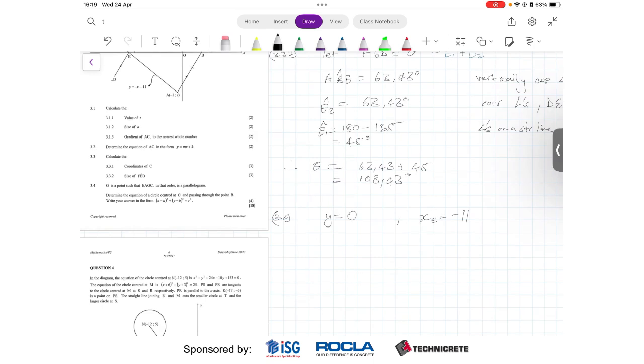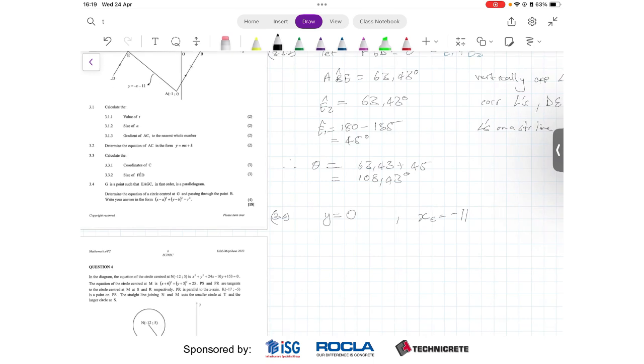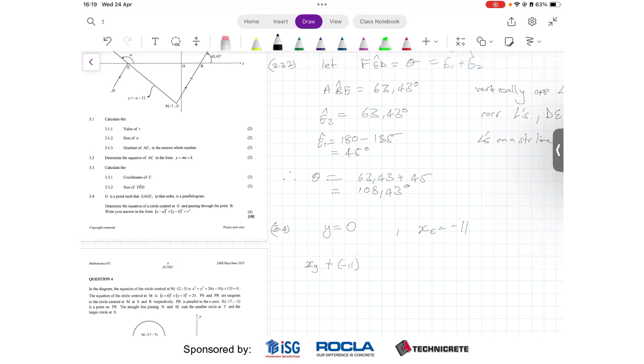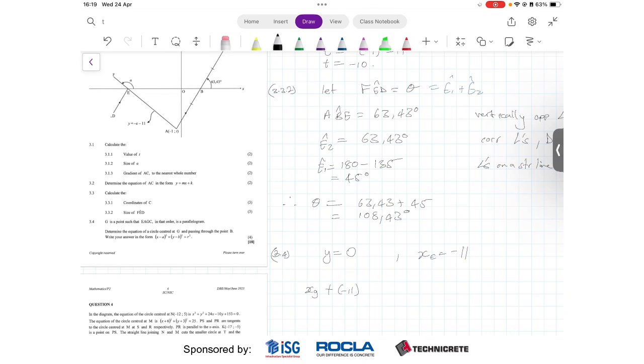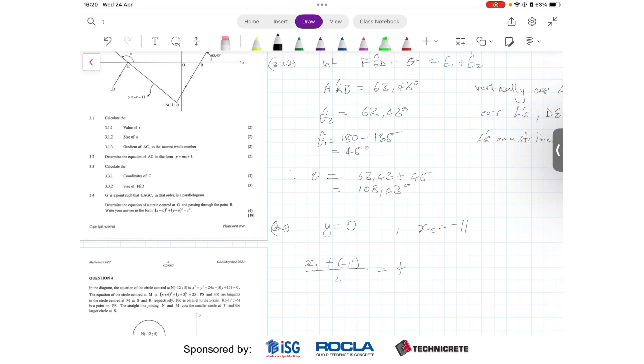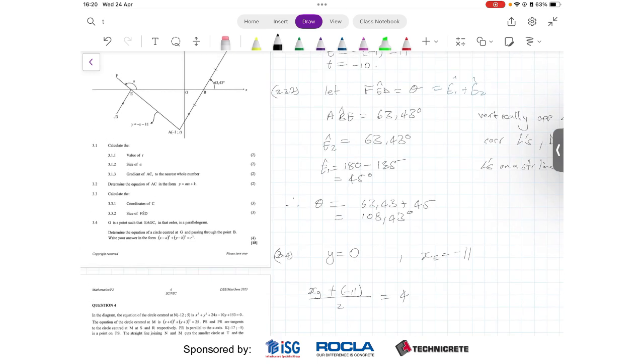Now because of that, we may then write that x at G plus minus 11, which is x at E, divided by 2 is equal to 4, because then this point 4b would be the midpoint between E and G.